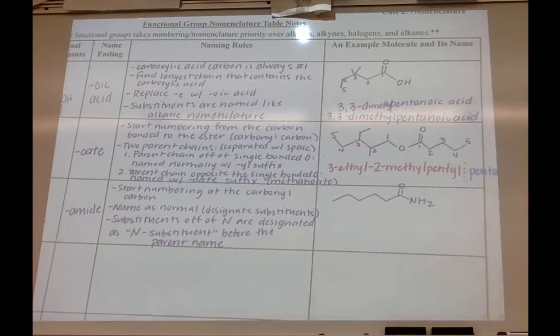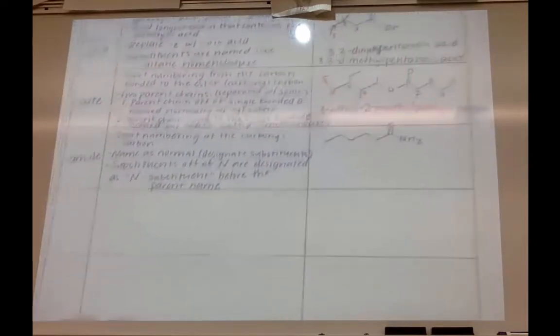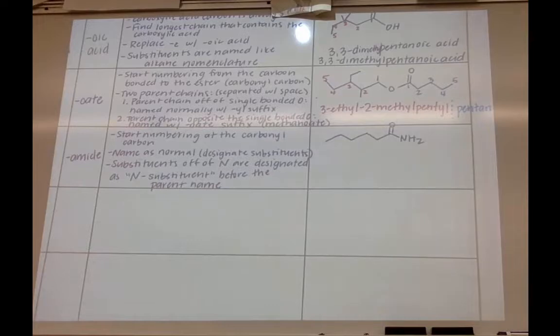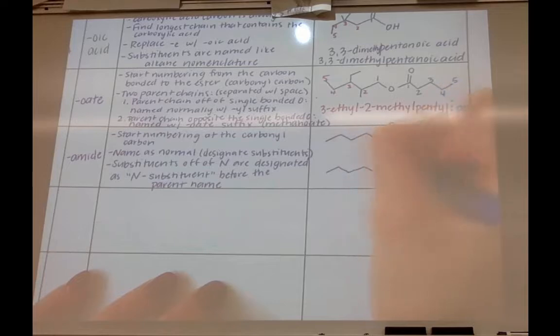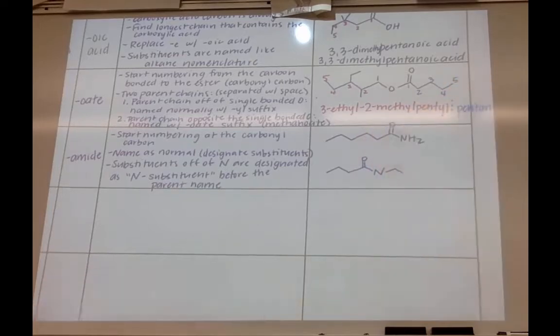So here's one of the examples. And then the other one, I'm going to make sure that I show you what it would look like if there's something off the nitrogen.